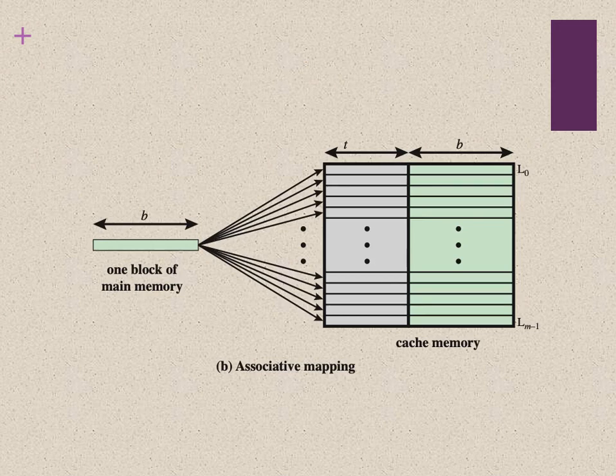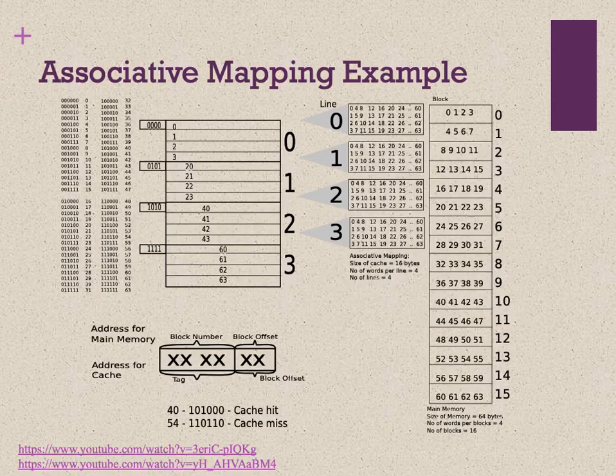So we are not mapping one block of RAM to one cache line, but we can load any block number to any cache line, anywhere.